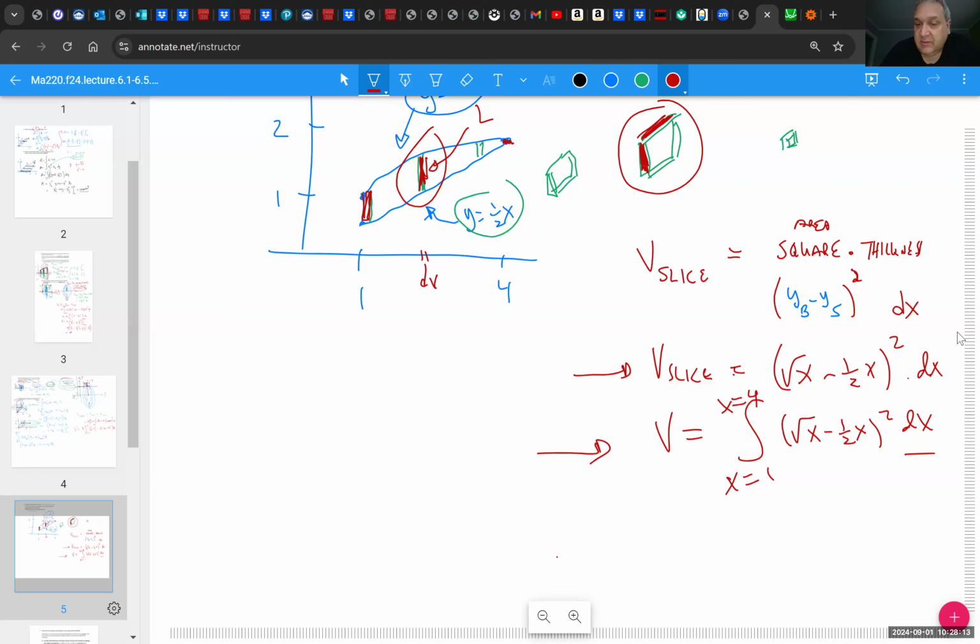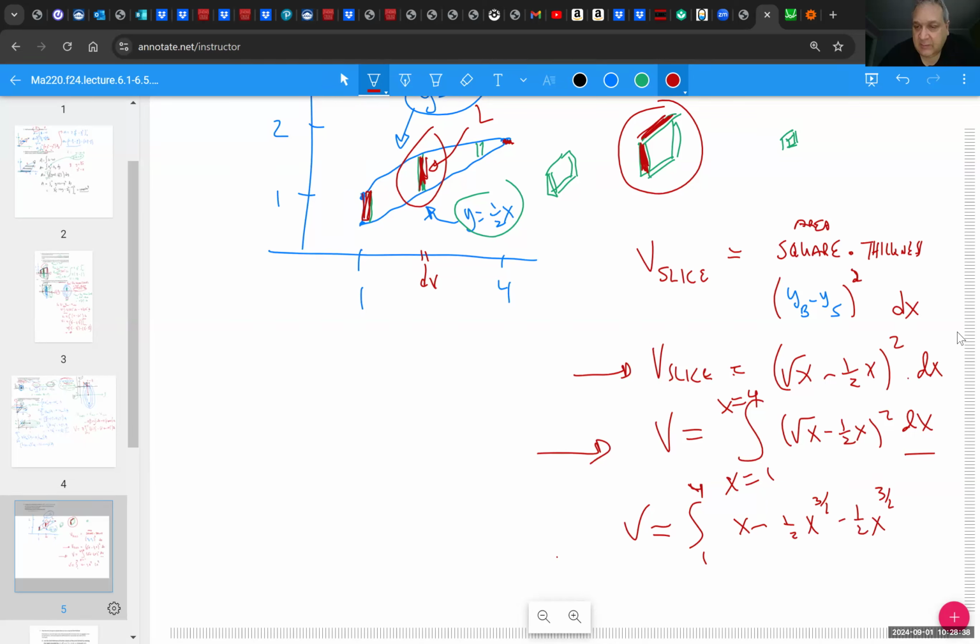And then it just becomes a little algebra problem now, or just a simple math problem. You just do all the stuff that you've been doing now for many, many homework assignments. You're going to have to square this stuff out because you can't really do it that way. So you can square it out. You get x minus 1/2 x to the, let's see, 1 and 1/2 is 3/2. And you get another one of those.